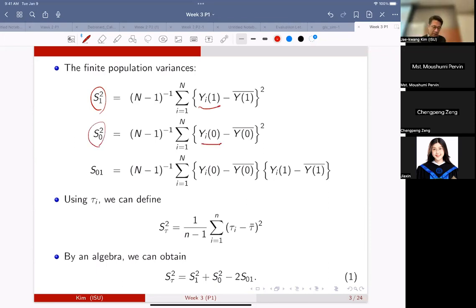This is a finite population covariance, essentially, the covariance between y0 and y1.